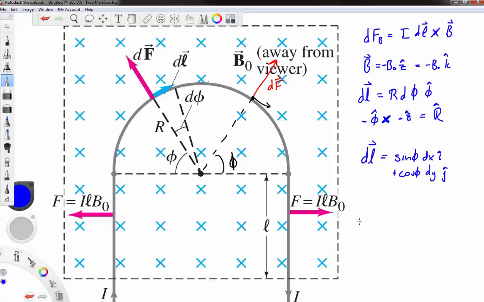How can we tell that this is the case? Well, here is the dl vector blown up just a little bit, and this right here is dx i hat, and this right here is dy j hat.